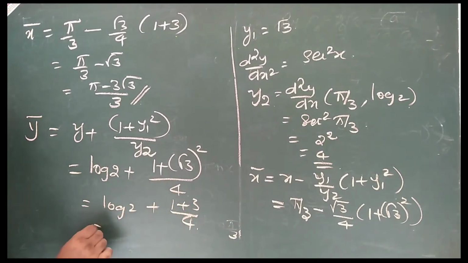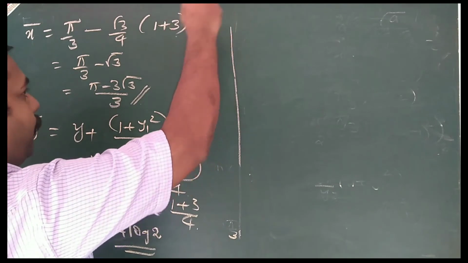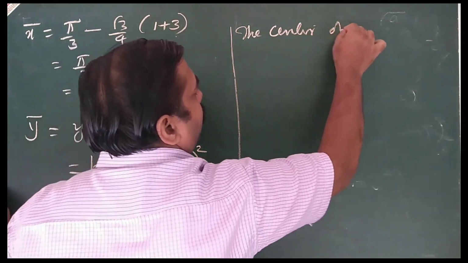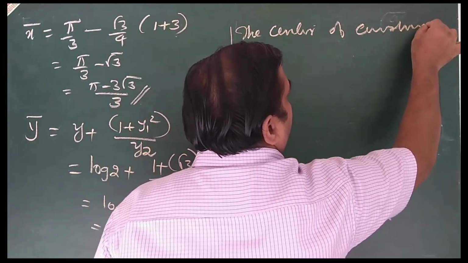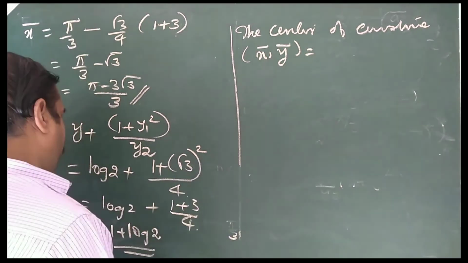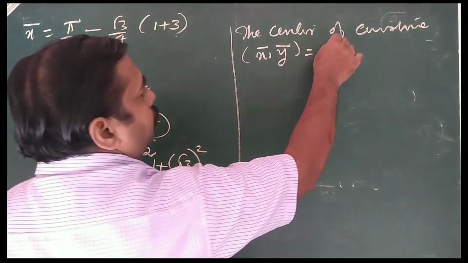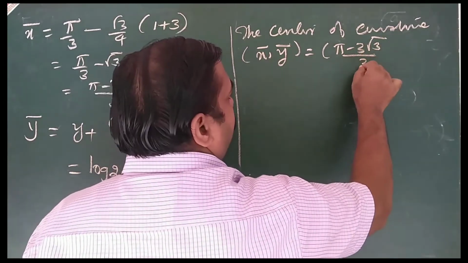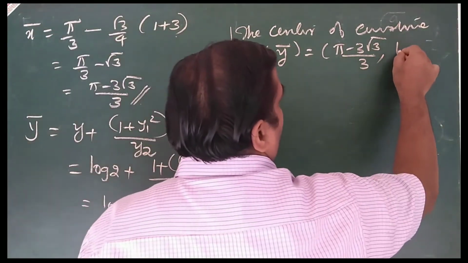So this cancels, that is 1 plus log 2. Therefore, the center of curvature (x bar, y bar) is equal to ((pi minus 3 root 3) by 3, 1 plus log 2).